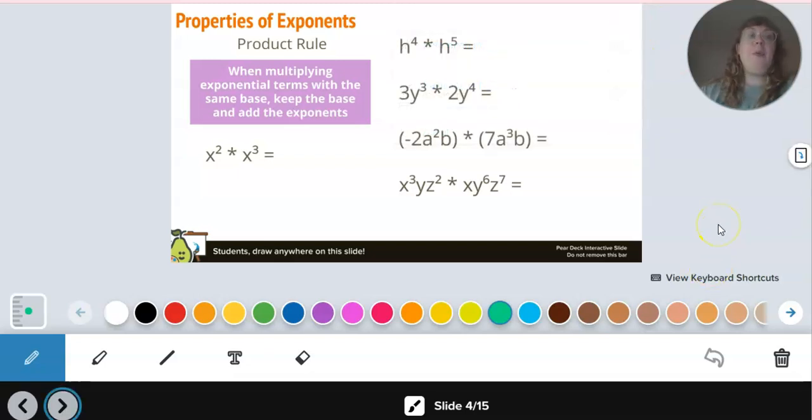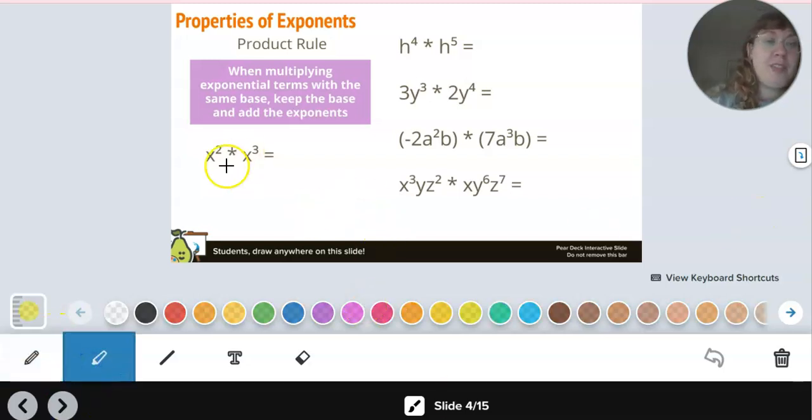Slide 4 is the product rule. So if you are multiplying powers or exponential terms that have the same base, you keep the base and add the exponents. So for example, both of these bases are x.